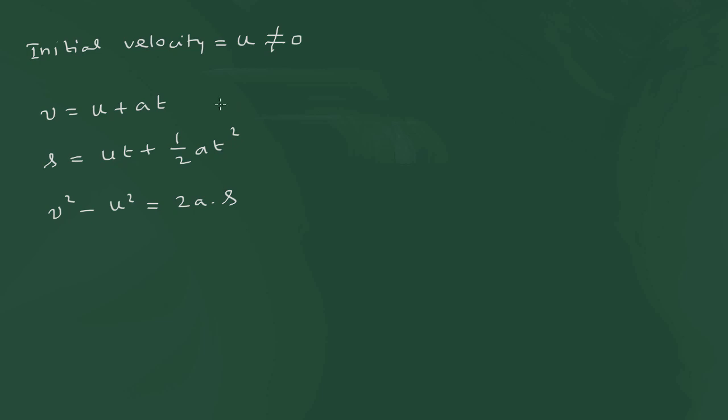Now the point to be noted is this: if you use this equation, we can plot V as a function of T, because V is here, T is here. If you use this equation, you can plot S as a function of T, because S is the variable, T is here. And remember, S is not the speed, S is the distance traveled.